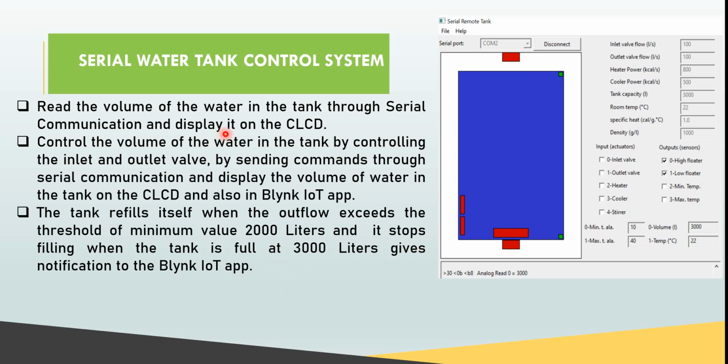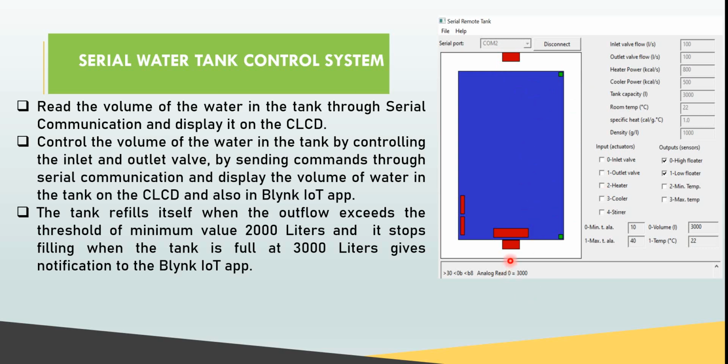It reads the volume of the water tank through serial communication and displays it on the LCD display. It controls the volume of the water tank by controlling the inlet valve and outlet valve. When the water volume is less than 2000, the inlet valve is opened and water comes into the tank. The capacity of the water tank is 3000, so when it fills to 3000 liters, it will automatically turn off the inlet valve.